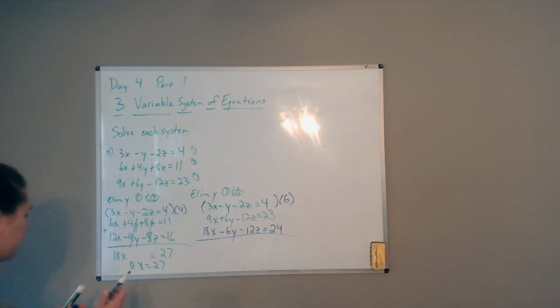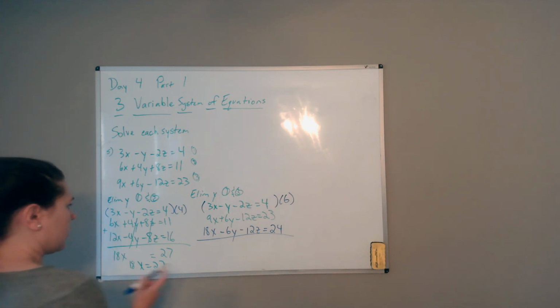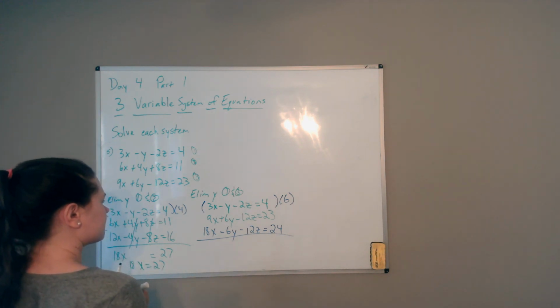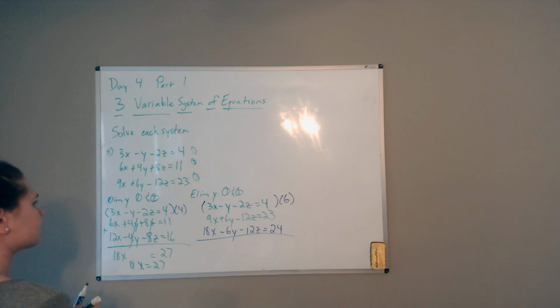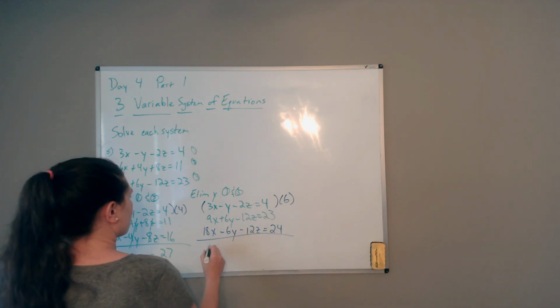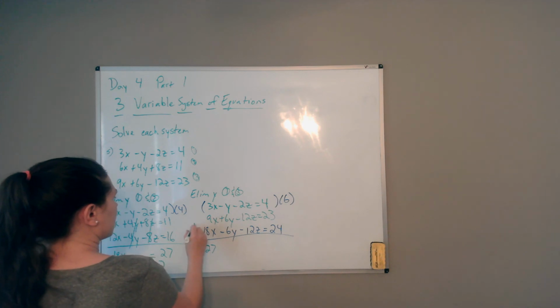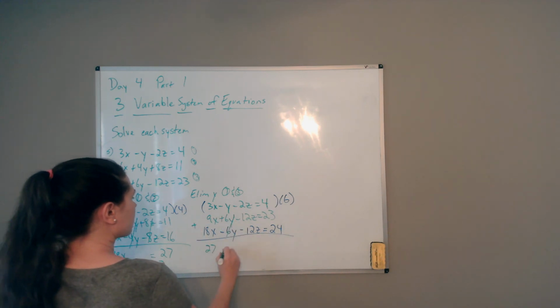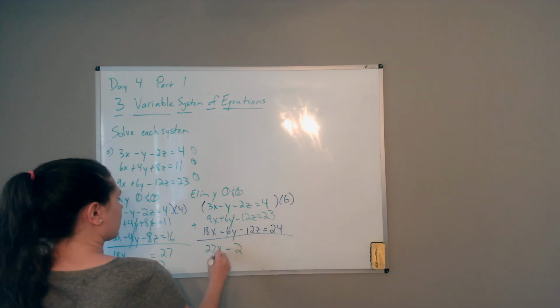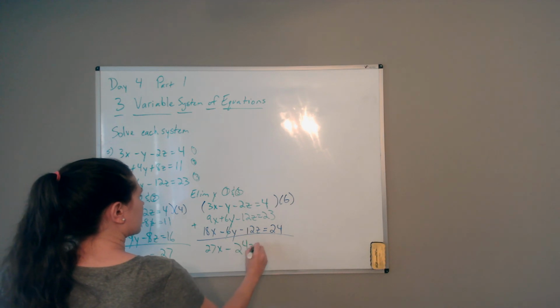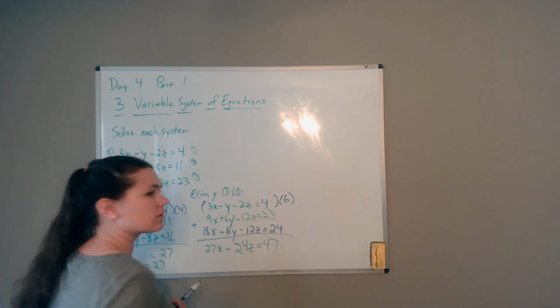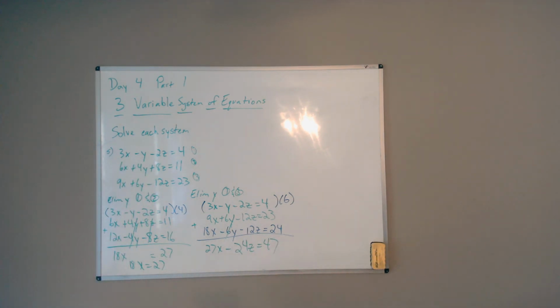So we've got 27x, add that up, the y's cancel, minus 24z equals 47. Okay.